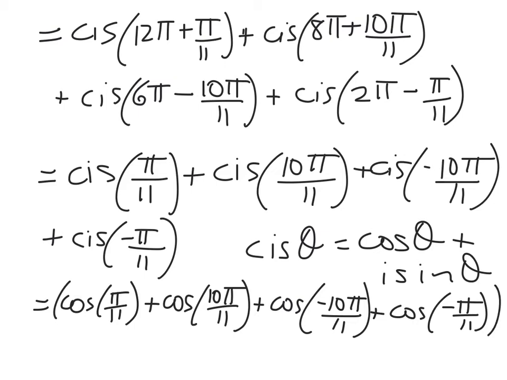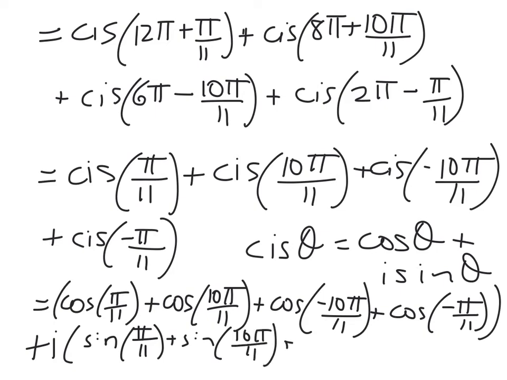So that's the real part. Plus i times sine pi on 11 plus sine 10 pi on 11 plus sine, I'm running off the edge of the screen here, I'm sorry, hopefully you'll get the idea, plus sine of negative pi on 11.